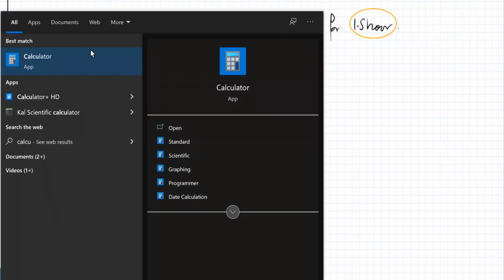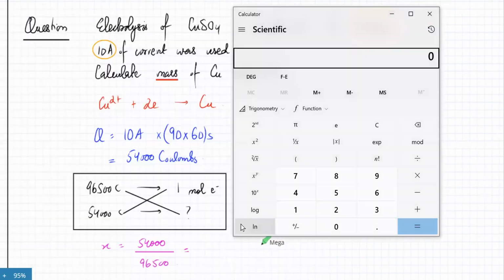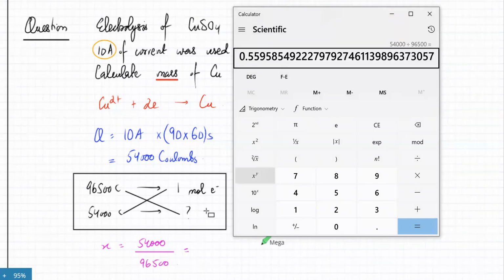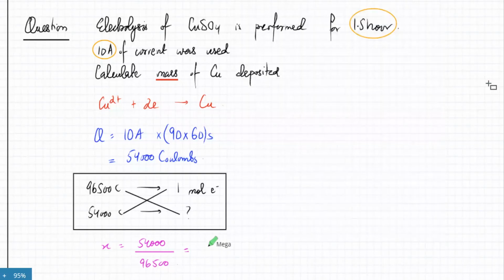Remember, 54,000 divided by 96,500. Let me just check. I thought it was 9,600, but this is 96,500. Zeb, you're right. It's 0.56. So 0.56 moles of electrons are traveling through the circuit in this amount of time.